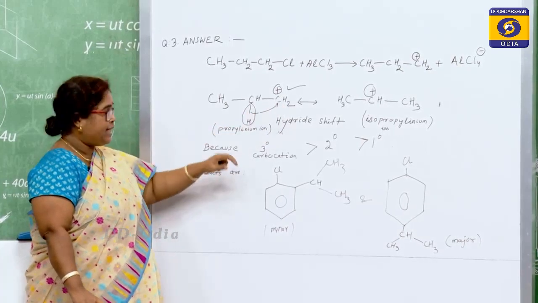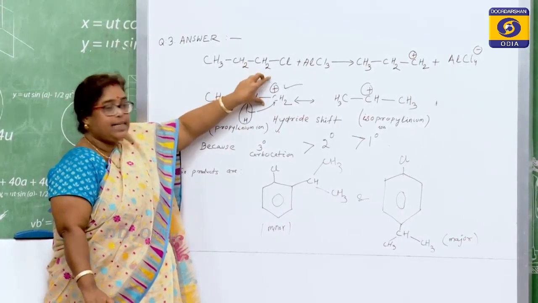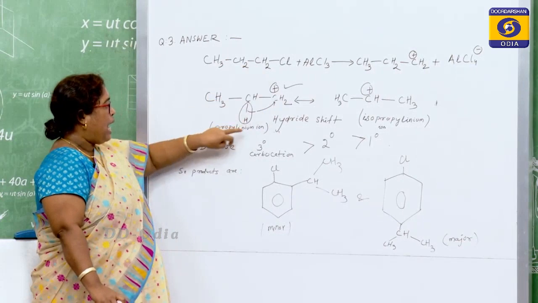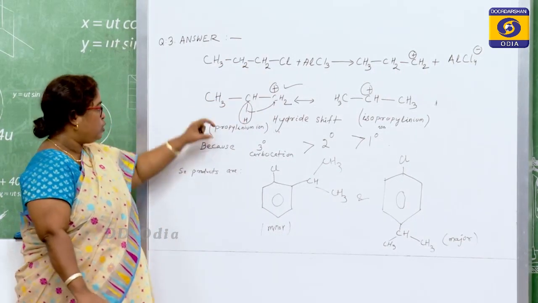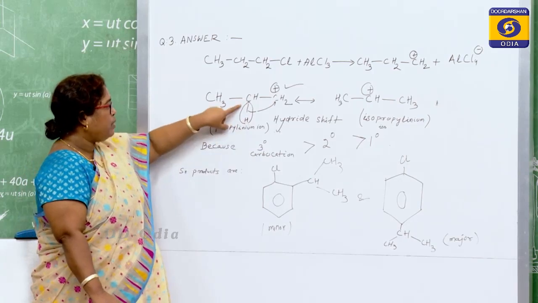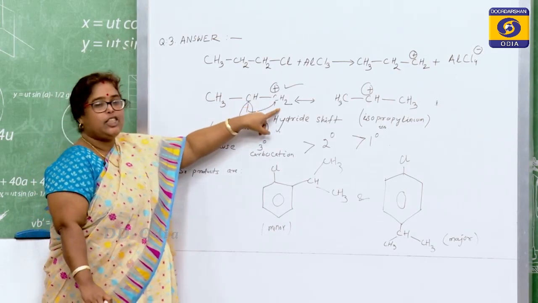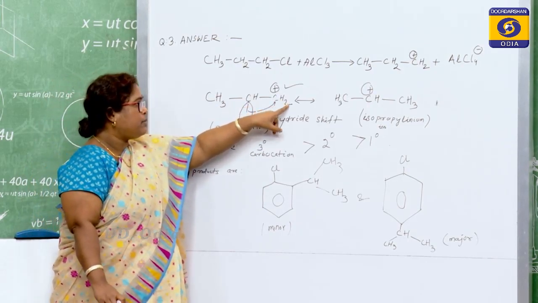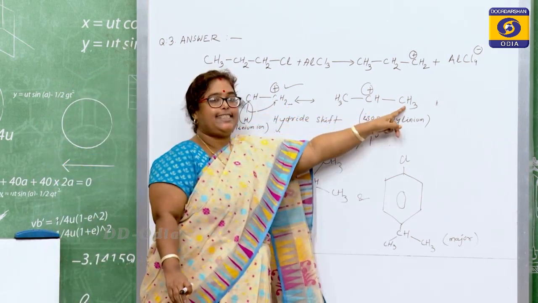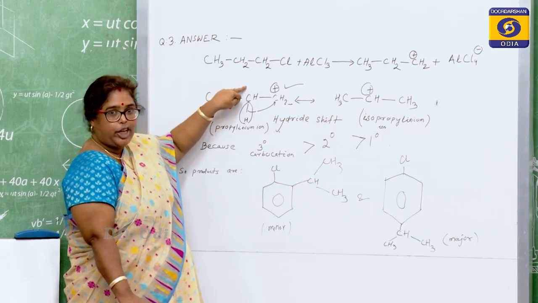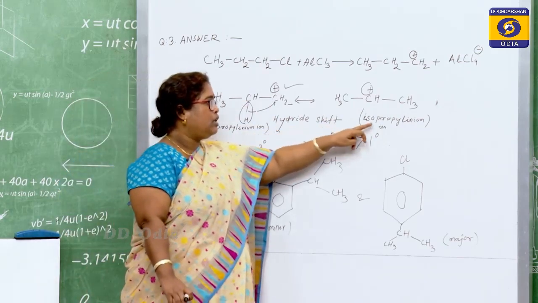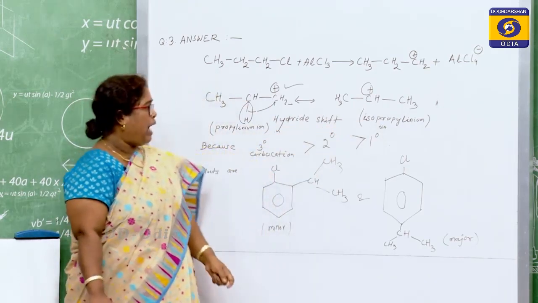In some cases, to stabilize this cation, a hydride shift happens. So, this hydrogen along with the paired electron pair shifts here. So, instead of CH2 we get CH3, and here a plus charge is generated, and this one is called the isopropylium ion.